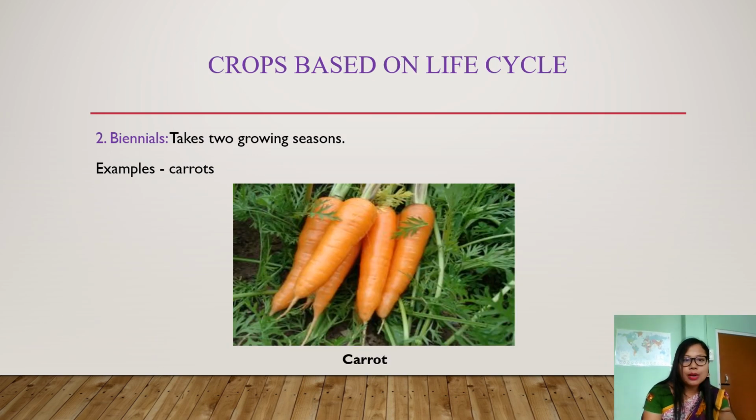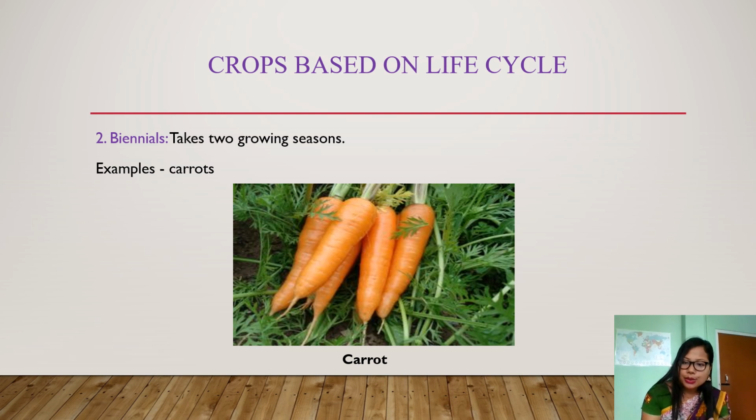The second one, crops based on life cycle, is biennials. It takes two growing seasons. Two growing seasons simply means it takes 2 years to complete their life cycle. In the first year, these biennial crops store their food in their roots.